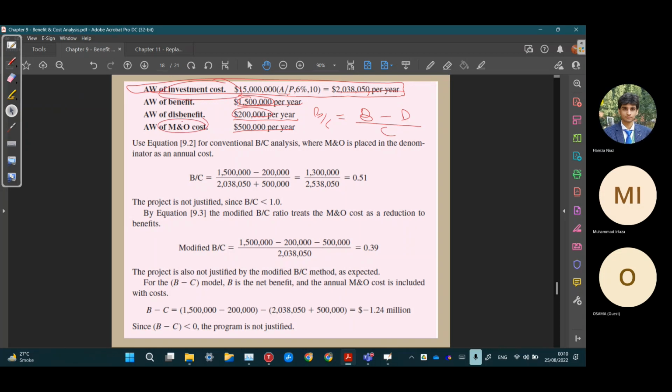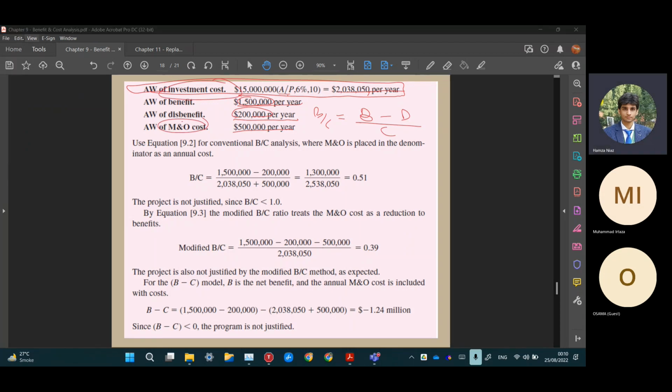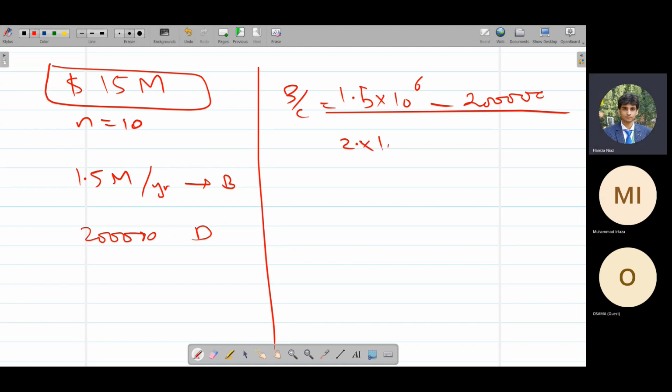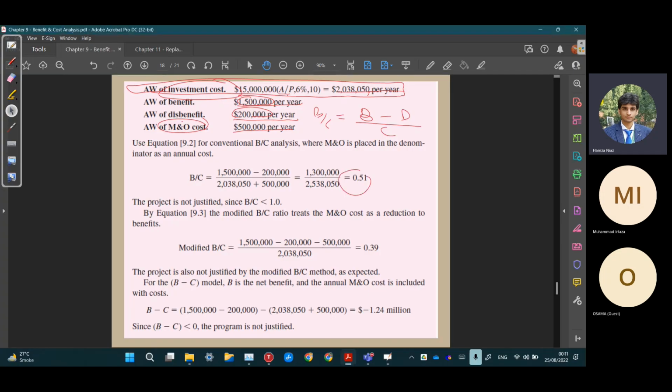So the costs are 2 into 10 to the 6 plus the annual operating cost, 5 lakh. If we use this, we get 0.51.